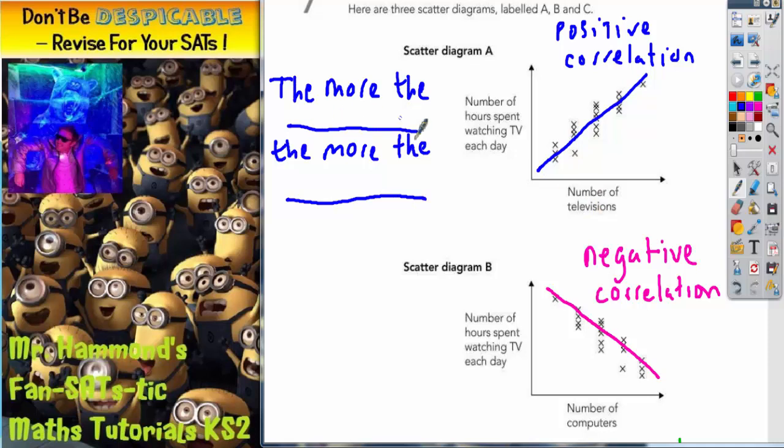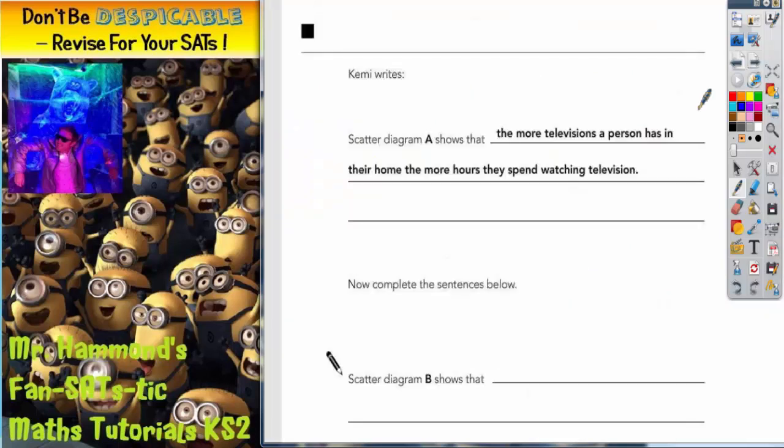And as a general rule, you normally would write in the first blank what is along the bottom of the axes. So the more televisions, the more hours spent watching TV. And if we check this against the second page, that basically is what it says there. The more televisions a person has in their home, the more hours they spend watching television.